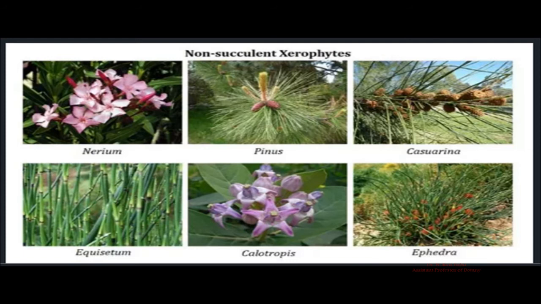Friends, I think you got a clear picture. Though the xerophytes are classified as ephemerals, succulents, and non-succulents, it is the non-succulents which can better be called true xerophytes, as they only have the potential to face both external as well as internal dryness.